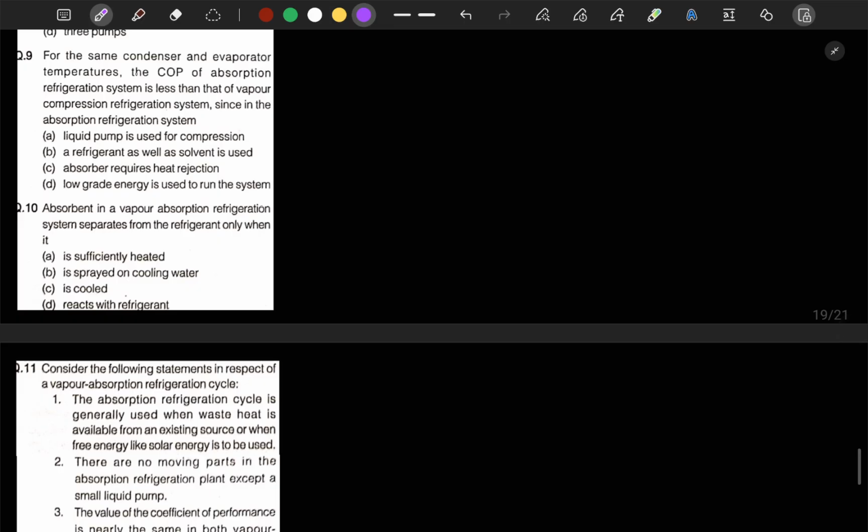For the same condenser and evaporator temperature, the COP of the absorption refrigeration system is less than that of the vapor compression system, since in the absorption refrigeration system... so it is mentioned that the COP of VARS is less than the COP of VCRS, in case of the same condenser and evaporator temperatures.